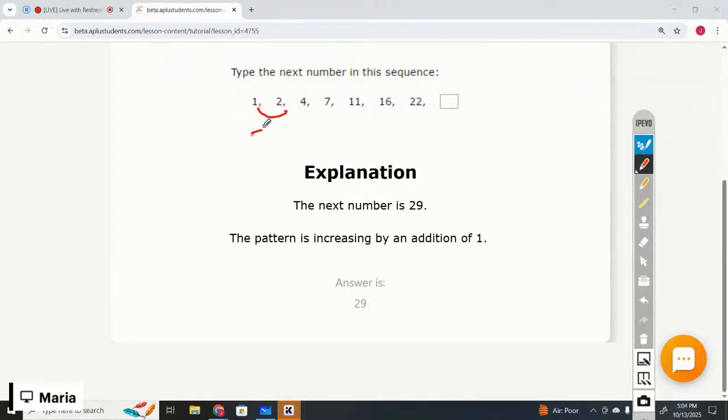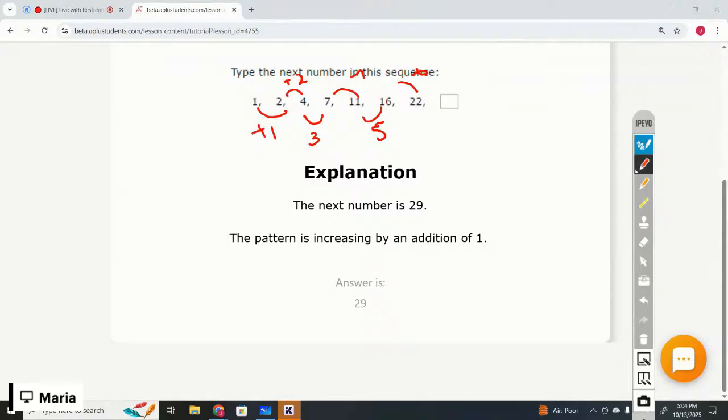1 plus 1 is 2, 2 plus 2 is 4, 4 plus 3 is 7, 7 plus 4 is 11, 11 plus 5 is 16, 16 plus 6 is 22. The pattern is increasing by an addition of 1. So the next number, you need to add 7.